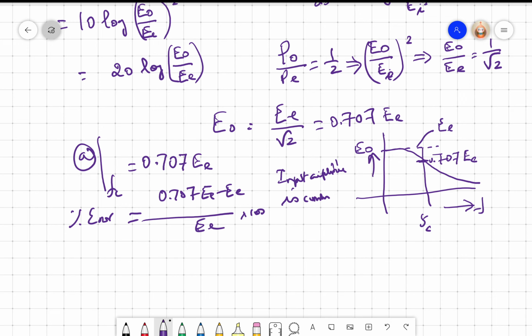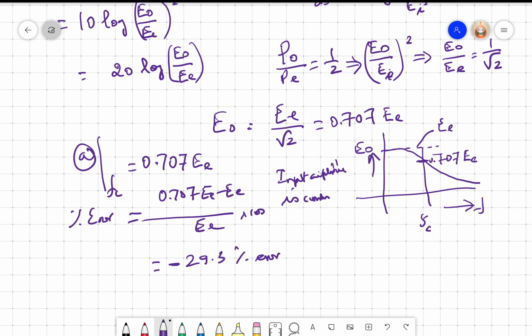So this would require 29.3% error. This is minus 29.3% error.